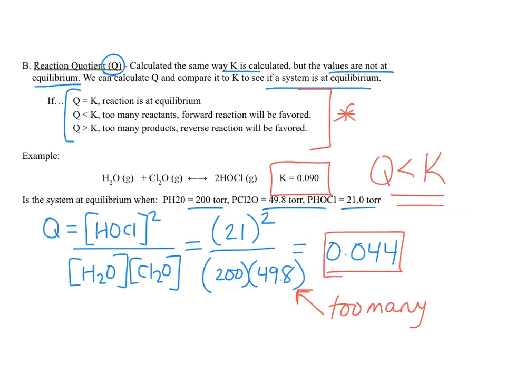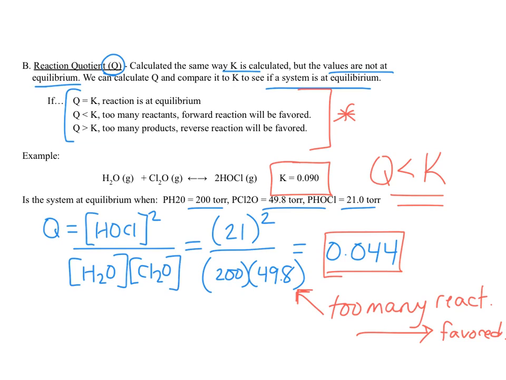And since the number on the bottom is too big, that's why my Q value is smaller than K. So I have too many reactants. And if I have too many reactants, then the reaction is going to want to get rid of those extra reactants. And so what we're going to say is that that forward reaction is going to be favored or speed up to get rid of the fact that there are too many reactants. And then when that forward reaction happens, it can regain equilibrium.